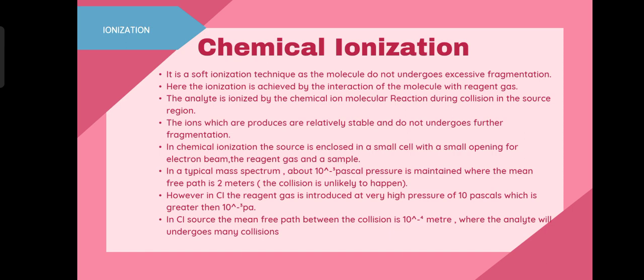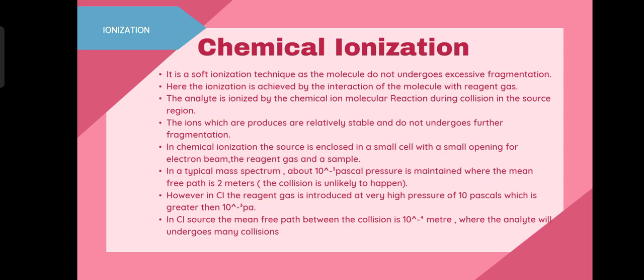Here the ionization is achieved by the interaction of the molecule with the reagent gas, and the analyte is ionized by a chemical ion-molecule reaction during collision in the source. The ions which are produced are relatively stable and will not undergo further fragmentation.